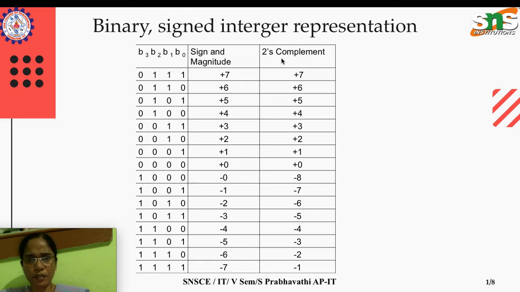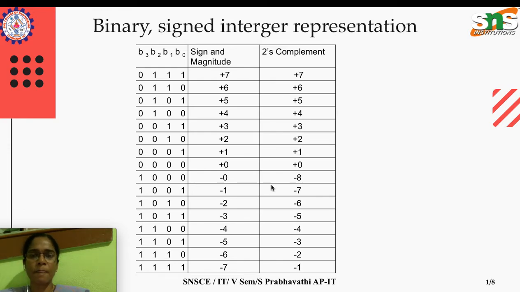Now think of it in 2's complement. Here the positive numbers will be the binary numbers as they are. All 4 zeros is 0, then three zeros and a 1 is 1, and so on up to 7.